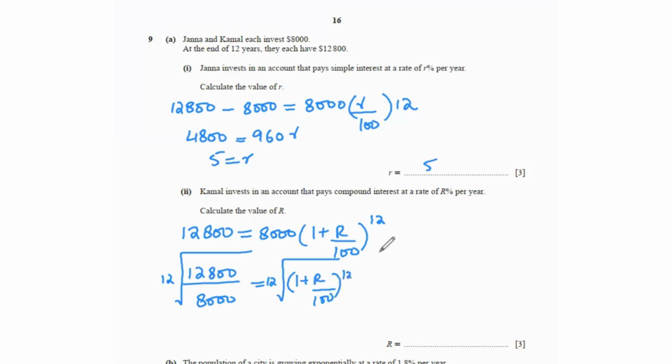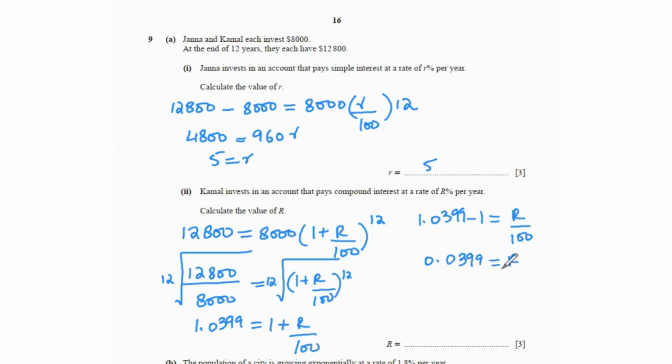That's going to give us 1.0399 equals 1 plus R over 100. 1.0399 minus 1 equals R over 100, which is 0.0399. Times it by 100, that's going to be 3.99%. That is your rate of interest for Kamal's investment.